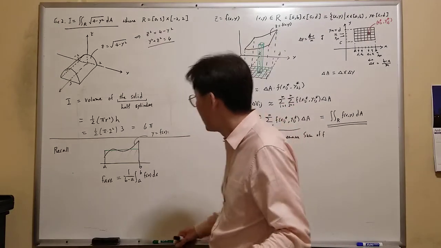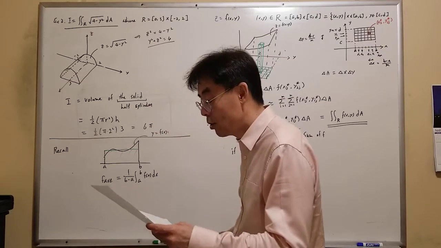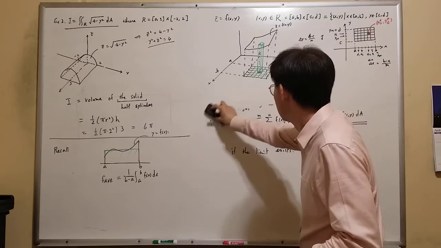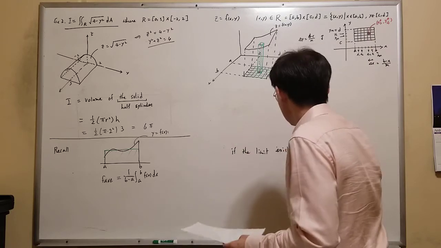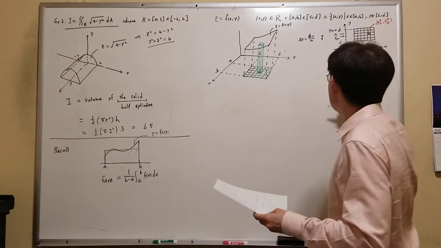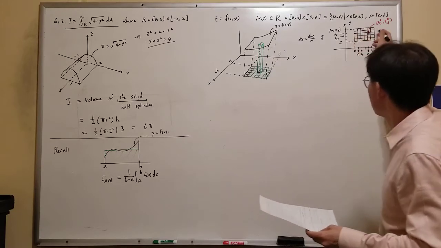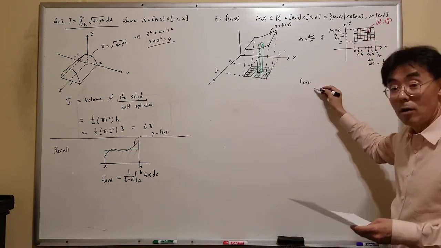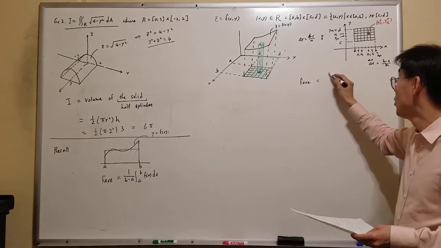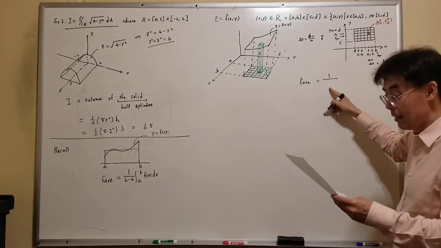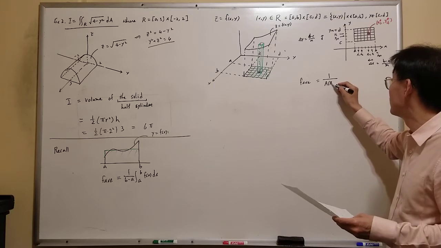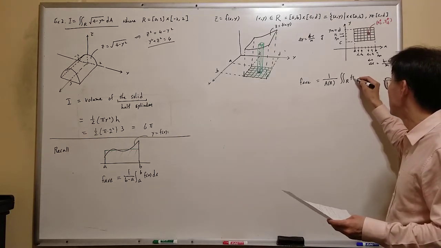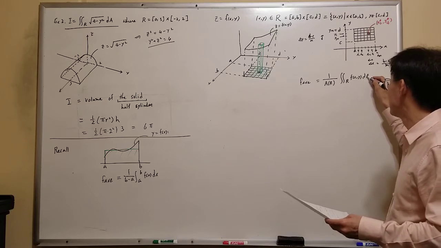Likewise, the average value of a function on a rectangle R would be, alright? So, if some function is defined on this rectangle R, then the average value on that rectangular region will be 1 over the area of the rectangle times the double integral of that function on that region.